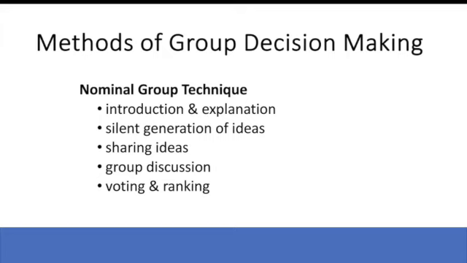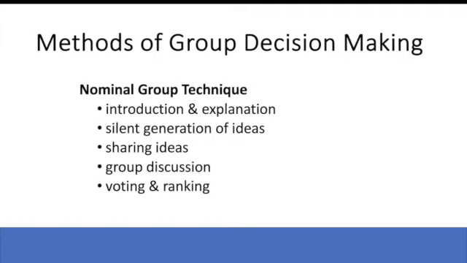So that's really good for helping get more participation. And it is really good if you have introverts in the group that don't normally feel comfortable talking in that group setting, right? And then after the discussion, then you can do voting and then ranking the ideas. So I don't think that this has to be exclusively done.